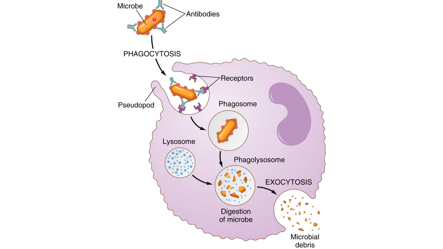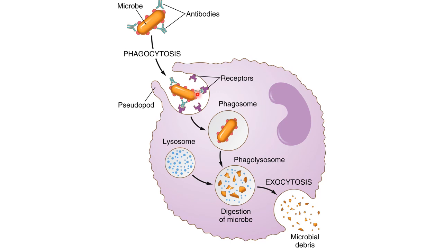The microbe is this capsule-like shape, and maraming antibodies na nakadikit sa kanya, no? Pinalibutan siya ng antibodies. So if this is the macrophage or the neutrophil, which are phagocytes, they will have specific receptors for the antibodies that coated the microbe.